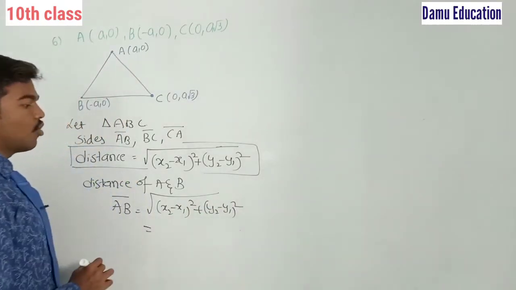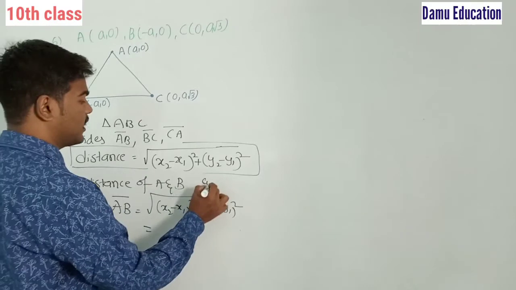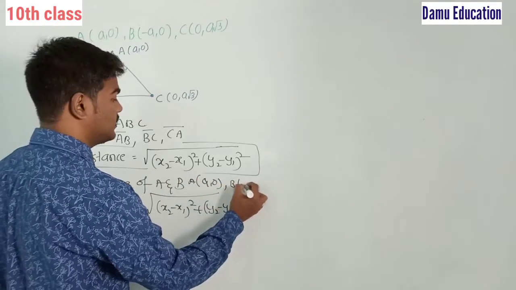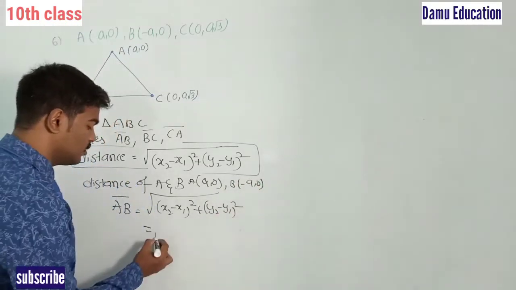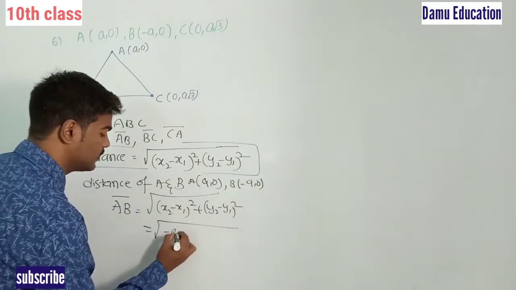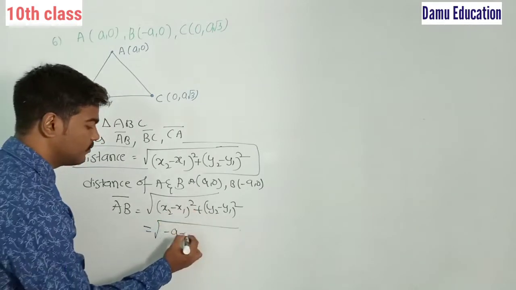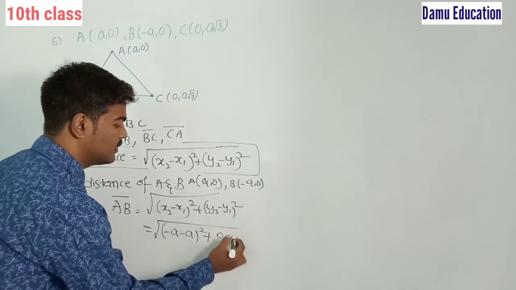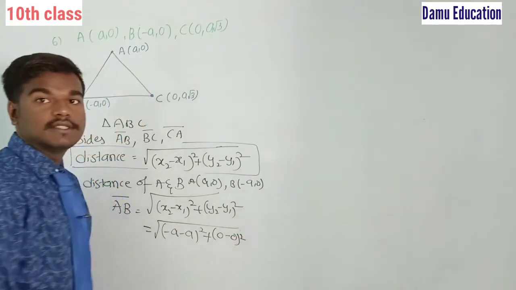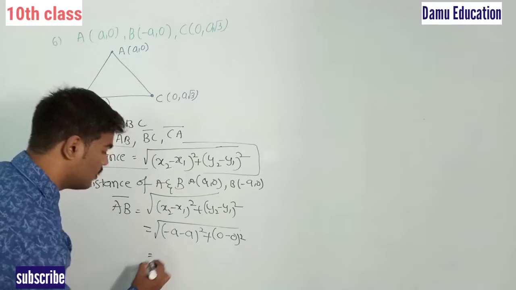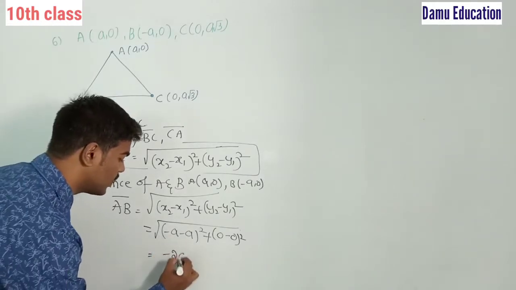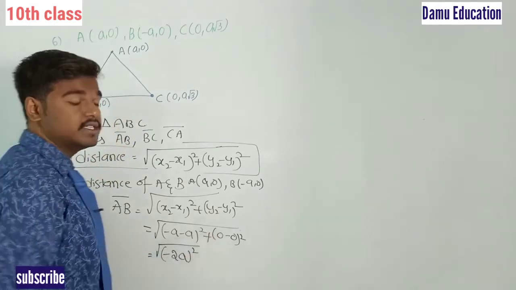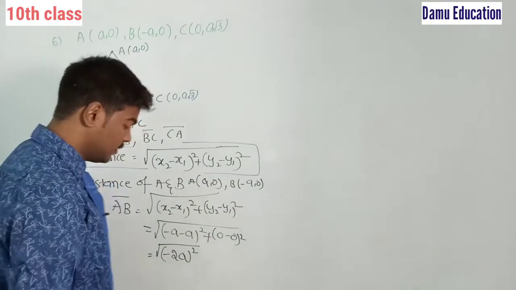Here A is (a, 0) and B is (-a, 0). Let's substitute: x2 is minus a, x1 is a, y2 is 0 and y1 is also 0. So 0 minus 0 will be 0. So (minus a minus a), that is minus 2a whole square, under the root. Why? Because 0 is 0. No need to calculate anything.